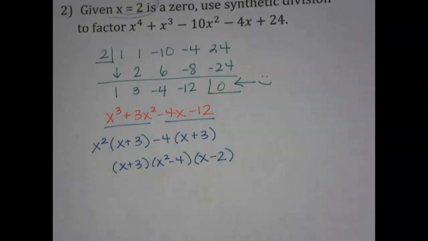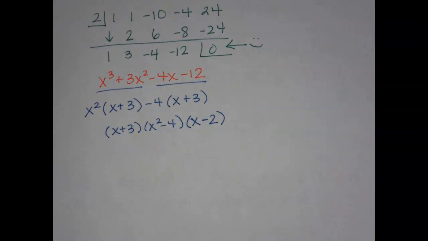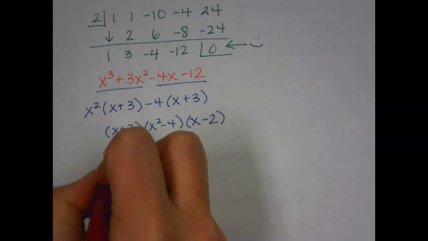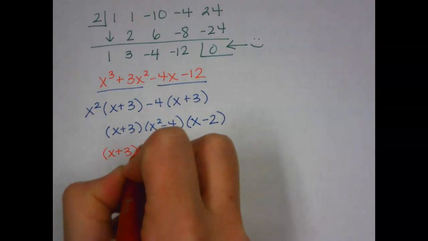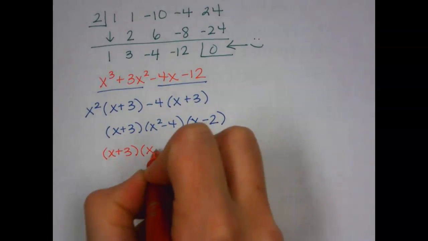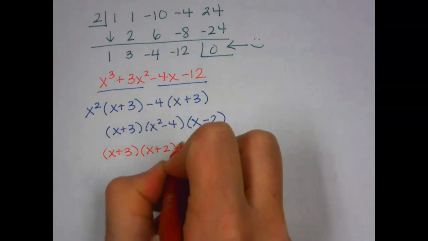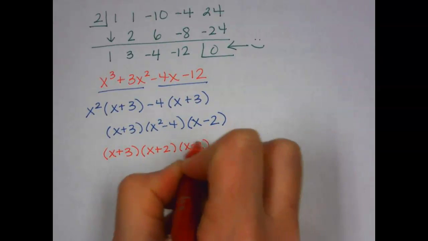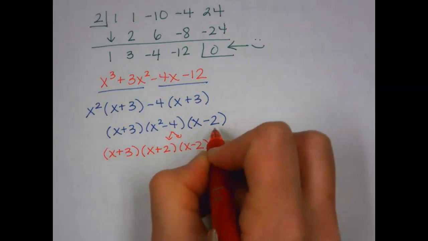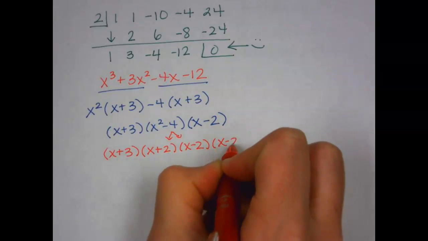Now there's one other thing that we're not quite done with yet. X squared minus 4 factors even more. So we have x plus 3, and then x plus 2, x minus 2 from the x squared minus 4, and then an additional x minus 2.